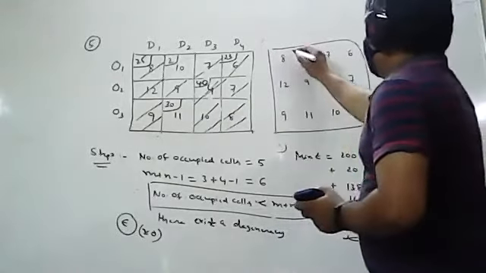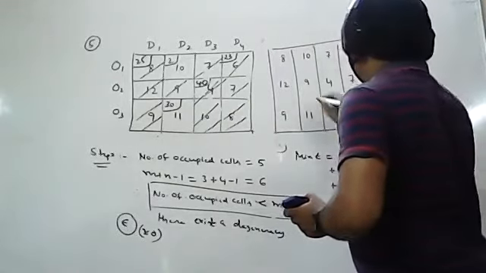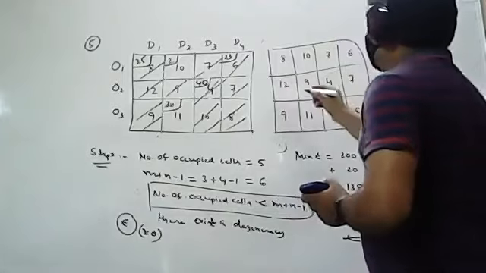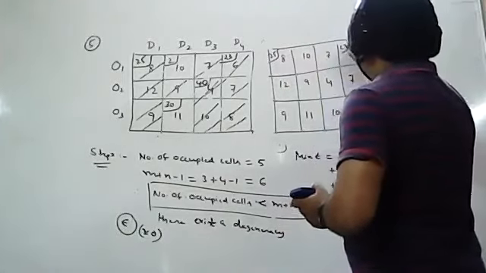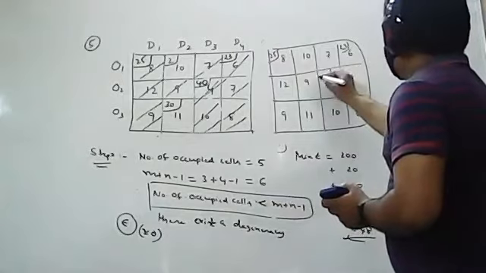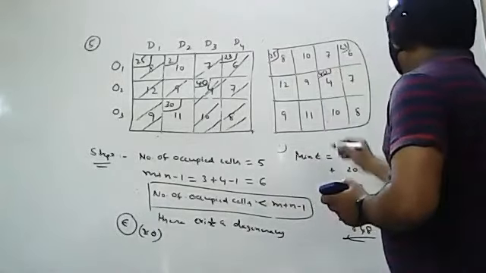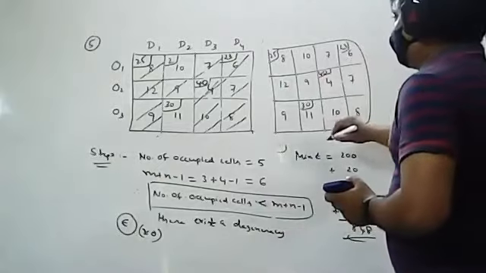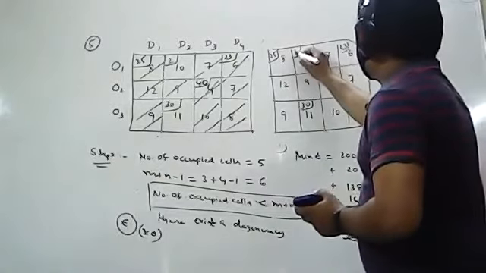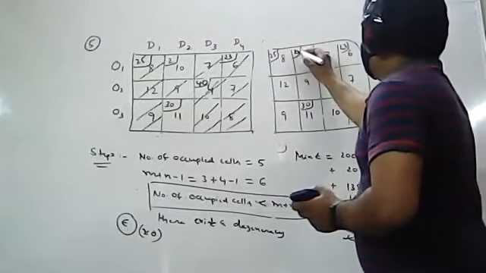Wherever you have an allocation, just write the allocation. What you got here, 25. Here, 23. Here you got 40. And here you got 30. 1, 2, 3. One more cell is there. Sorry, this one. 2.